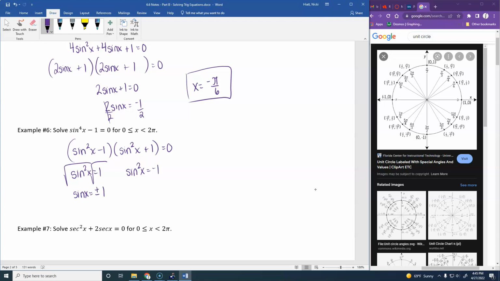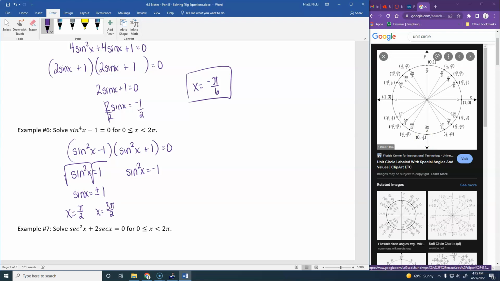And so if I look at my unit circle, sine, which is my y coordinate, is going to equal positive 1 right here at pi over 2. And also over here at 3 pi over 2, because that negative 1 is going to also give us an answer here. So 3 pi over 2.